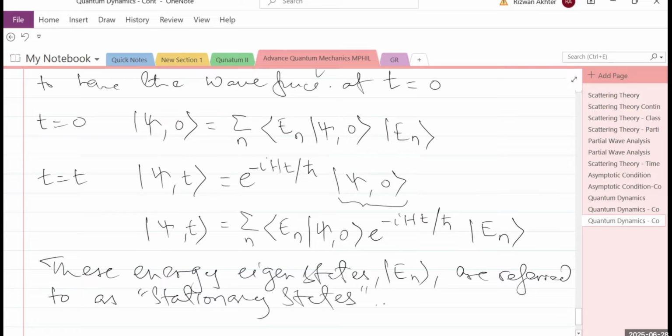And why are they called stationary states?